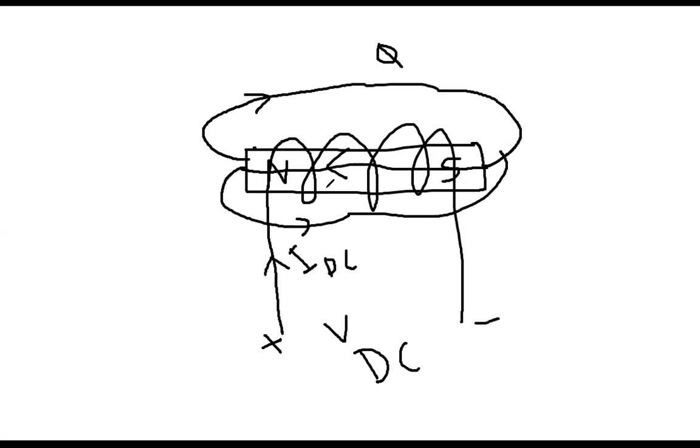So to create this flux or the field, you have to excite this magnet. That process is called excitation. This means with the application of DC voltage, you have to magnetize, you have to excite the magnet, the physical poles. That process is called the excitation system.